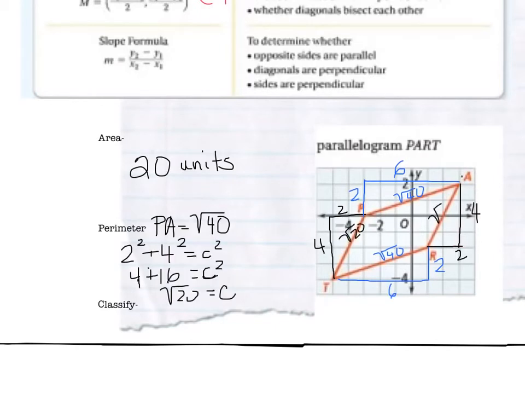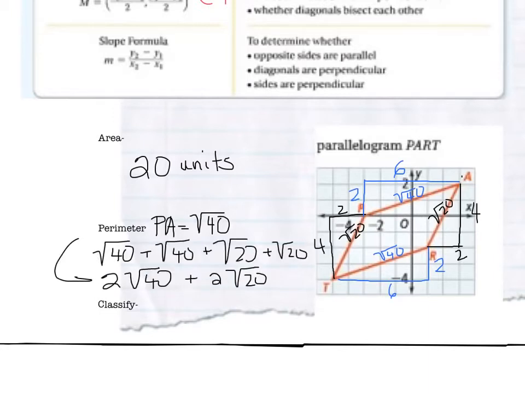Now, I talked the last time we had class video about radical 20 and radical 40 being able to be simplified. But for today, I just want to go ahead and say we can just add these numbers together. So our perimeter would be 2 radical 40 plus 2 radical 20.